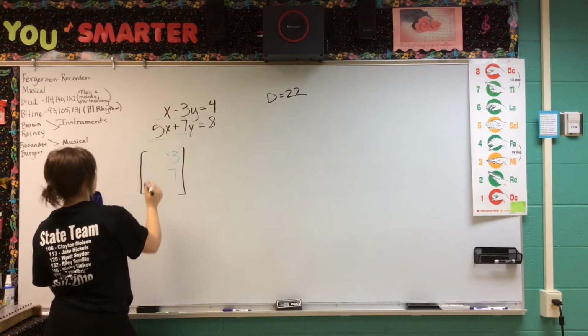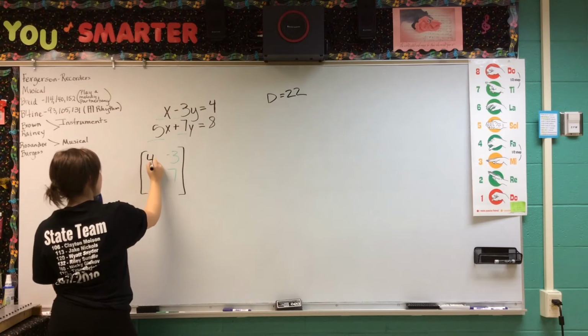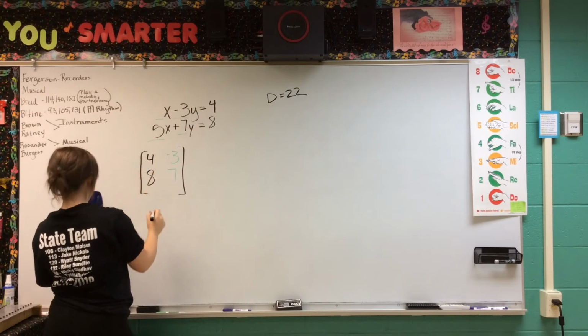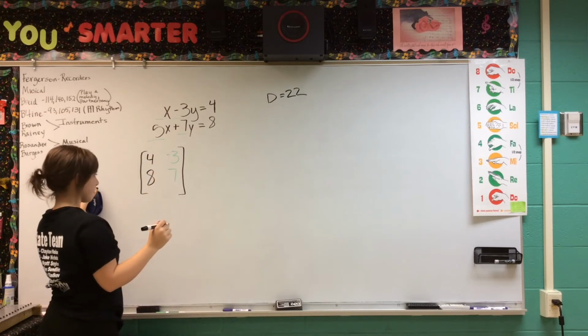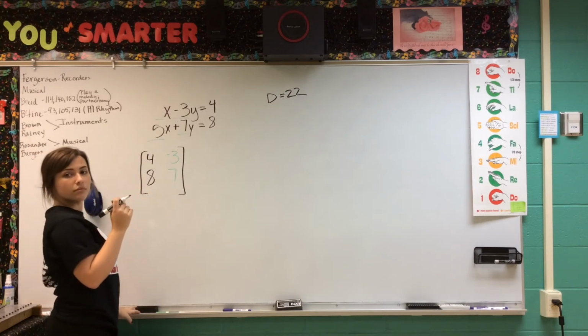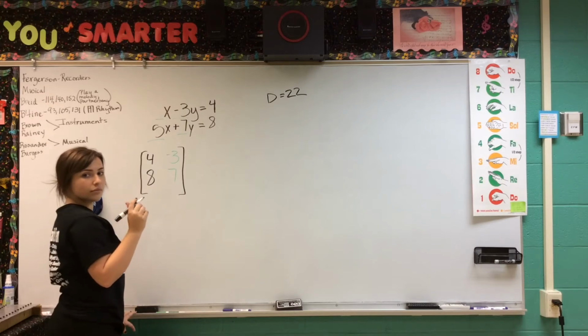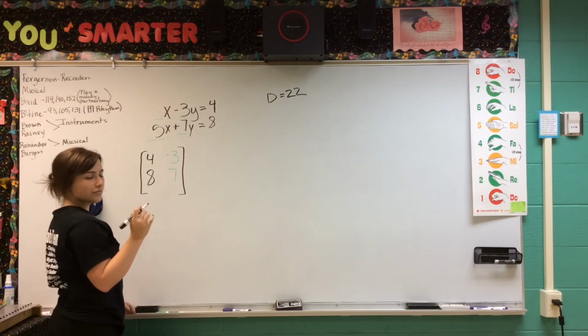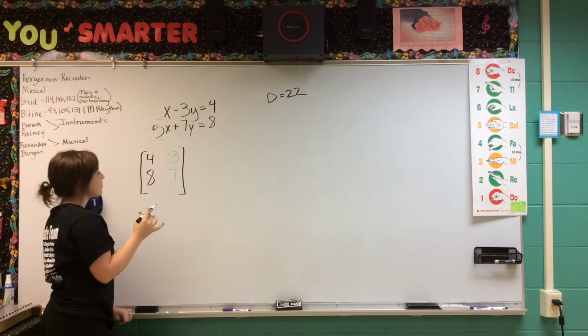So we're going to call the 1 and the 5 the first column. We're going to call that dx, and we're going to delete that for now and sub in 4 and 8. So here's how it goes. You're going to do the exact same thing to find the determinant.